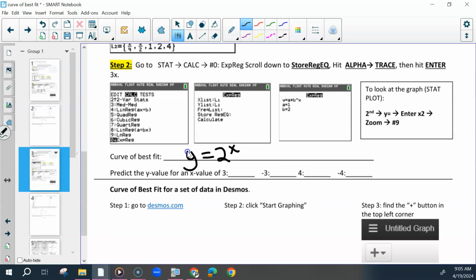Because you have 2 to the x. You didn't store it in step 2. So if you're not storing it, you're not going to get your table.